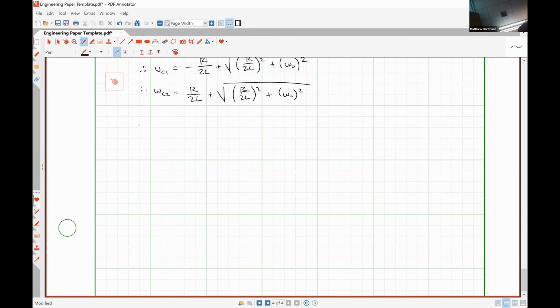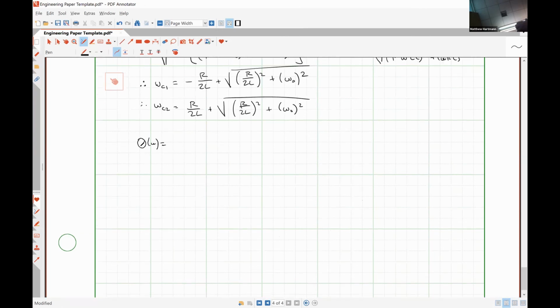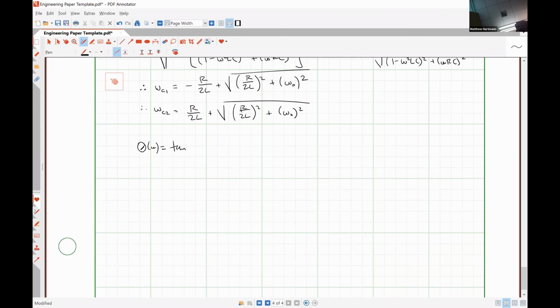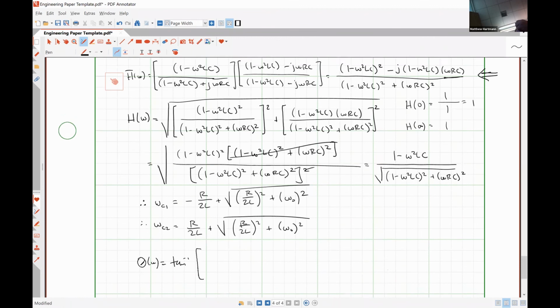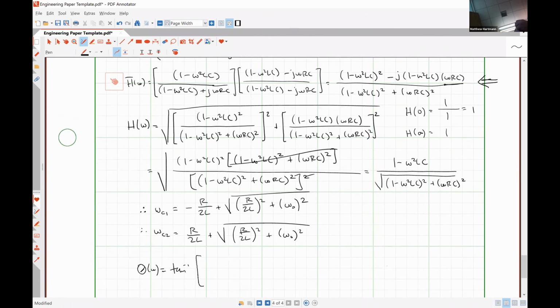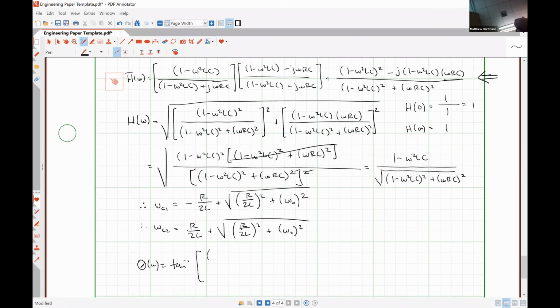And our phase angle theta of omega is, as always, the arctangent of the imaginary bit, which in this case would be 1 minus omega squared LC times omega RC, divided by the real, which is 1 minus omega squared LC.